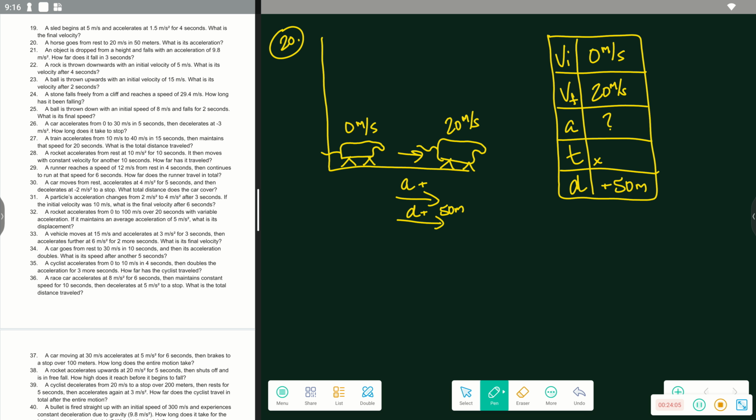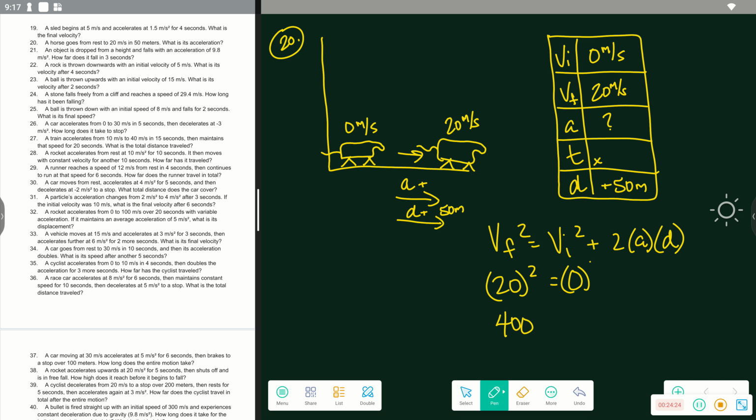So we're going to use VF squared equals VI squared plus 2 times A times D. VF squared is 20 squared, which is 400, equals 0 squared, which cancels, so it's 2 times A times D, so 100A.